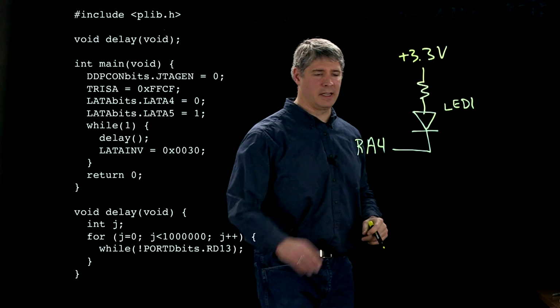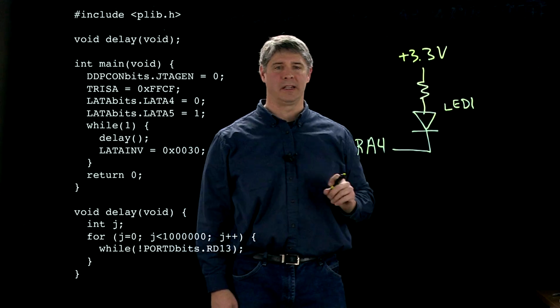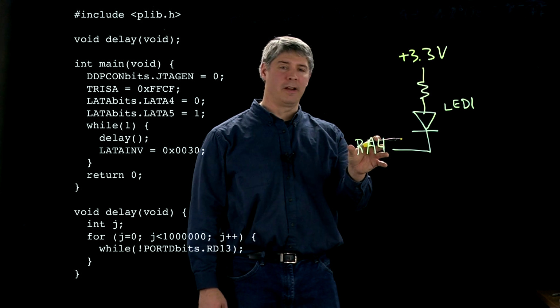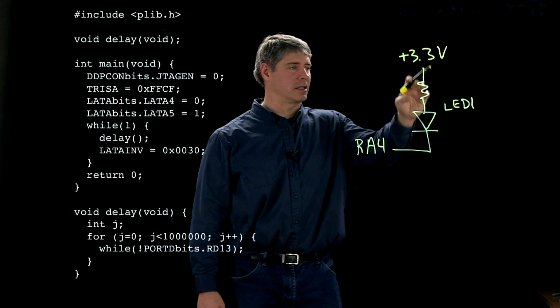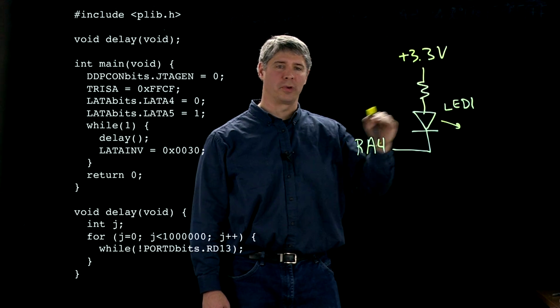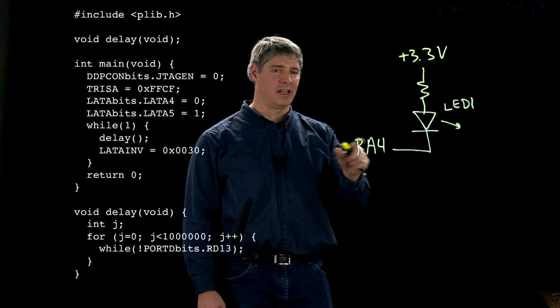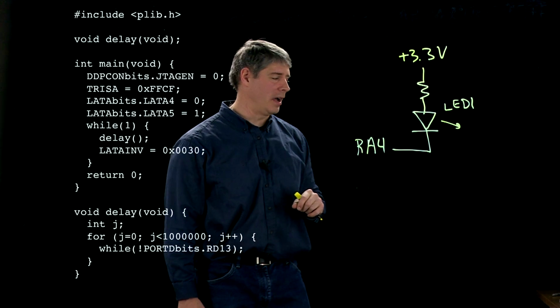What this says is if RA4 is high, if it has a value of 3.3 volts, the LED is going to be off. If RA4 is low, then current is going to flow through this resistor and diode, and we're going to get light from LED1. LED2 is exactly the same, except it uses RA5.